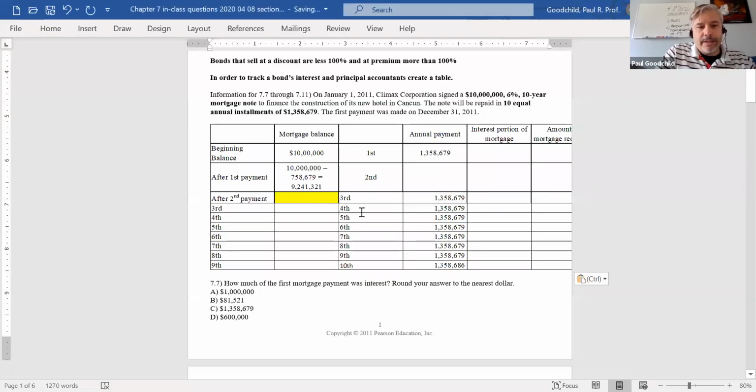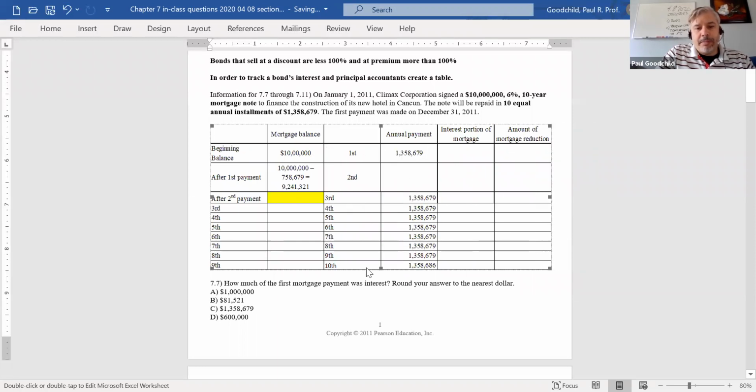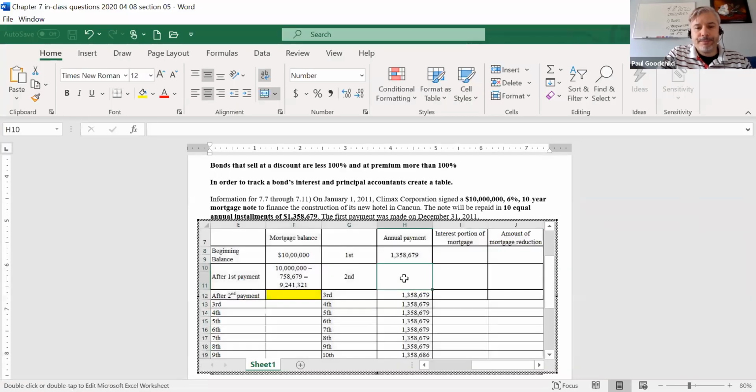To a table like this. So here we have the mortgage balance, your payment number, how much the annual payment is, and a way that we can calculate the interest and the amount of the payment going to reducing your principal balance.